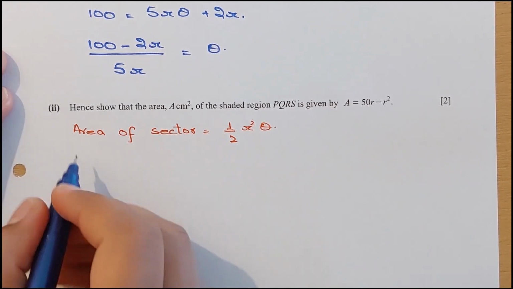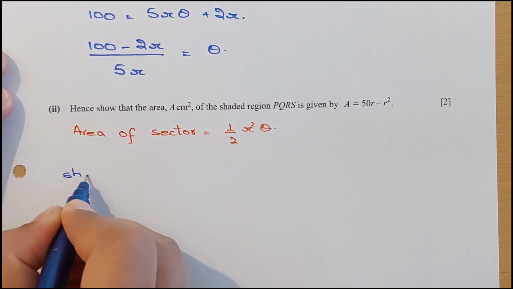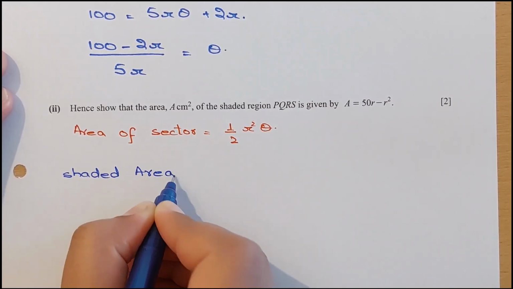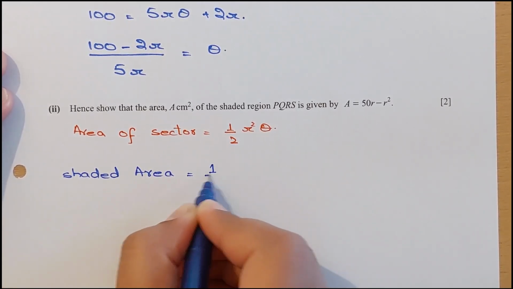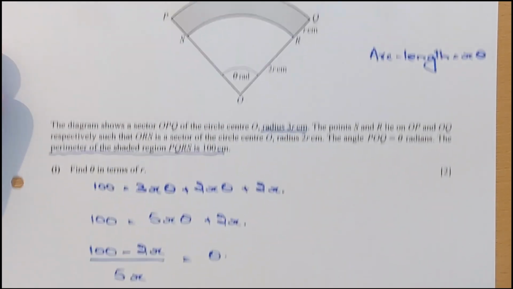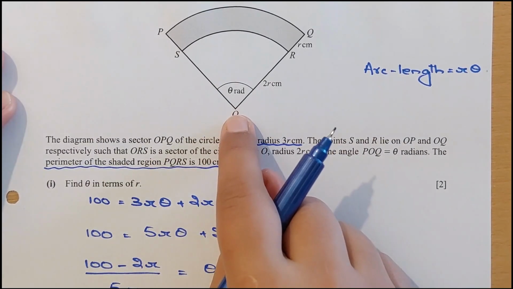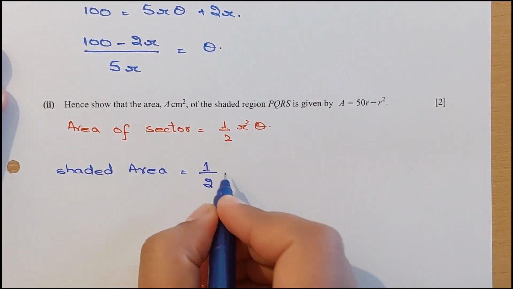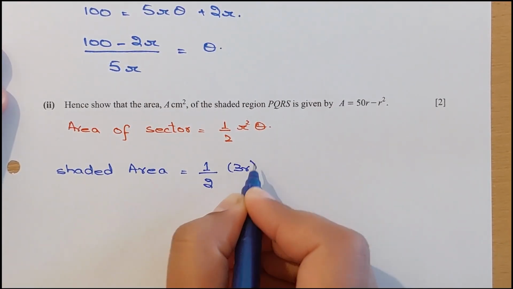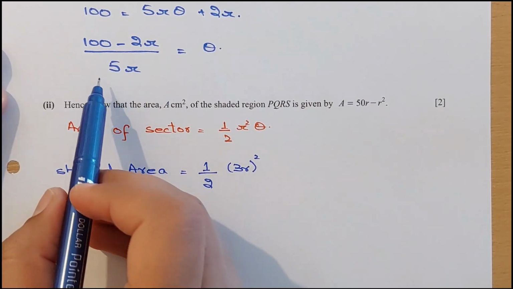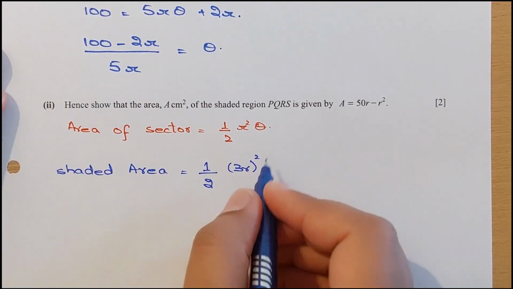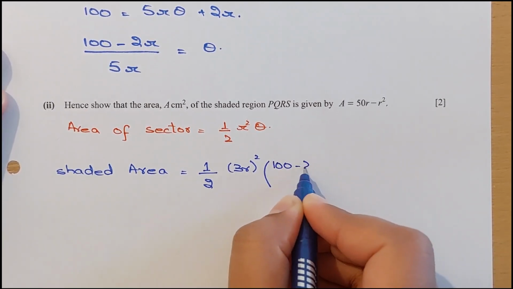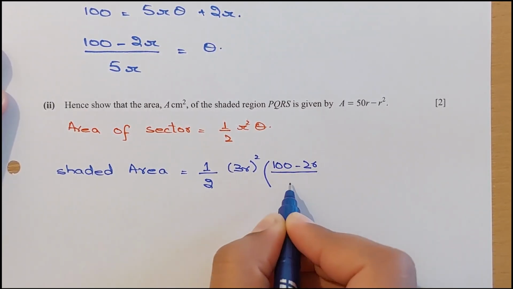So to find the shaded area, the area of the larger sector is half, and the radius of the larger sector, OP and OQ, is 3r. The radius is 3r squared, and the theta value is (100 minus 2r) divided by 5r.